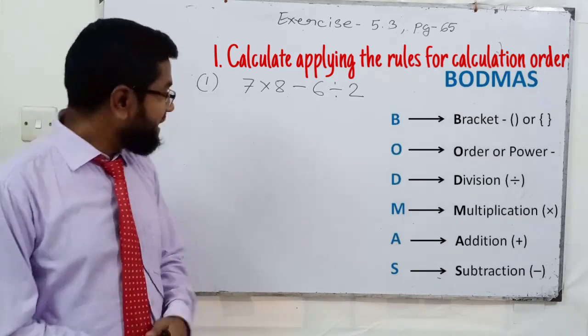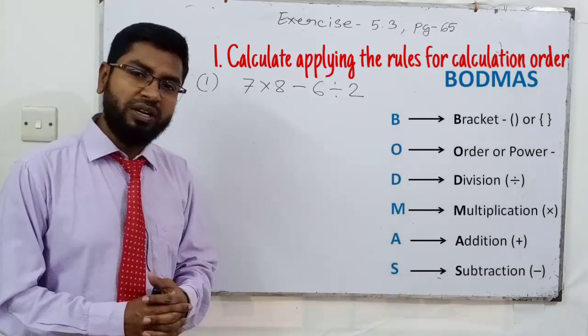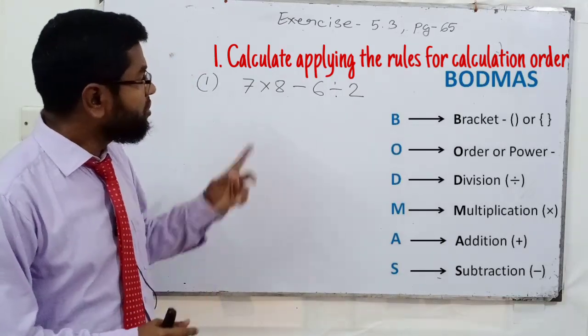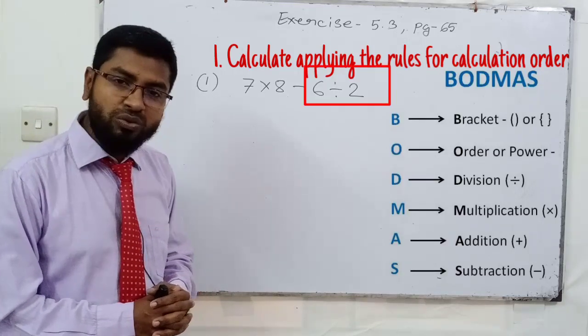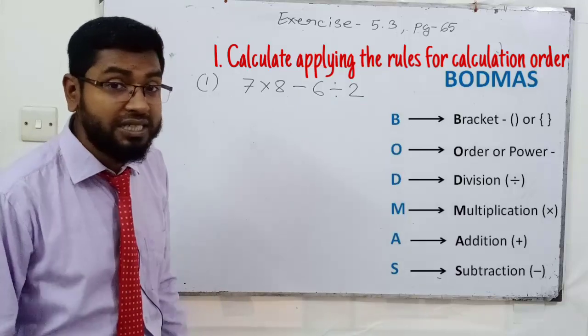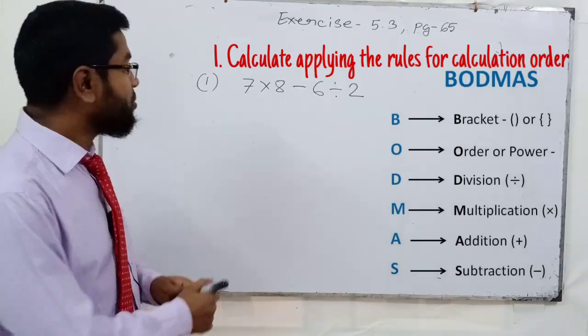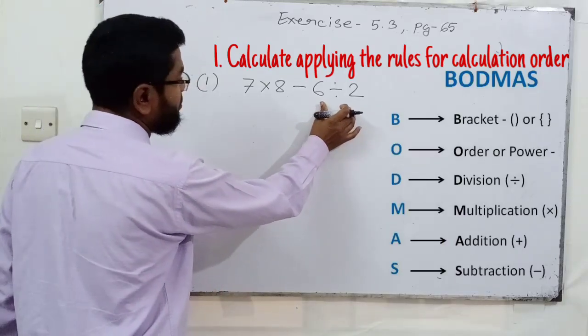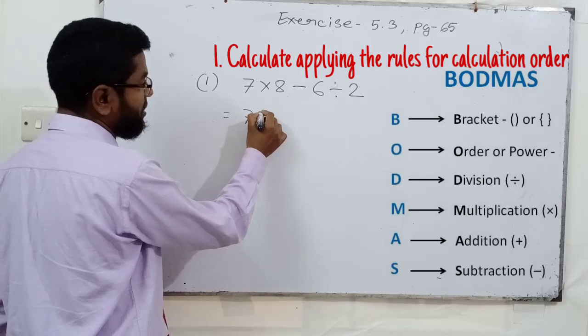Yes, this division part. Division is what numbers? 6 divided by 2. Can you tell what 6 divided by 2 will be? Yes, 3. So instead of this part we will write 3, but this part we will write as usual.